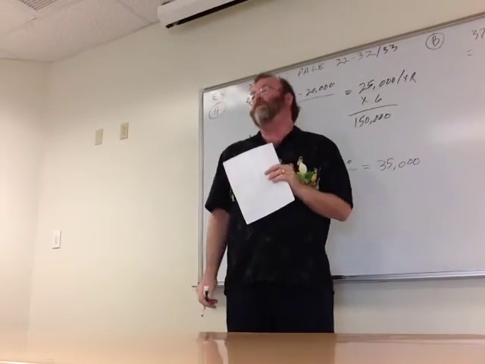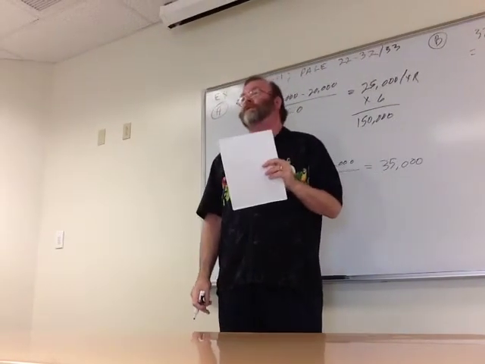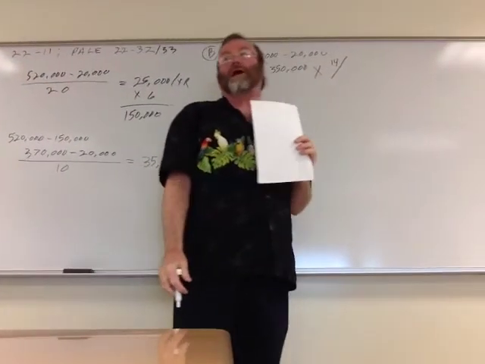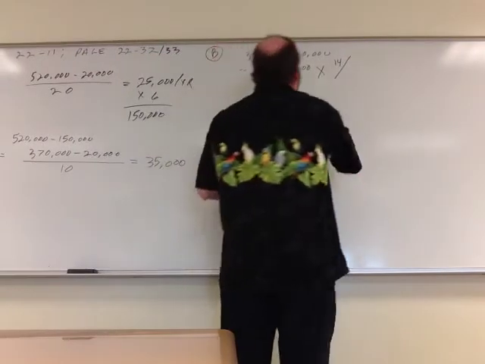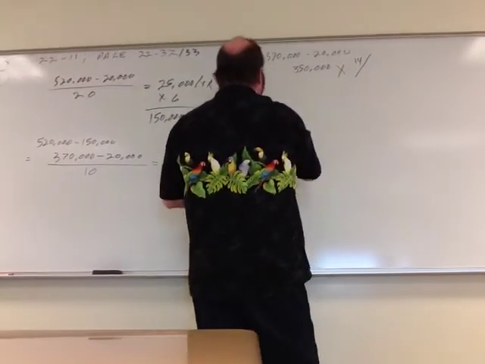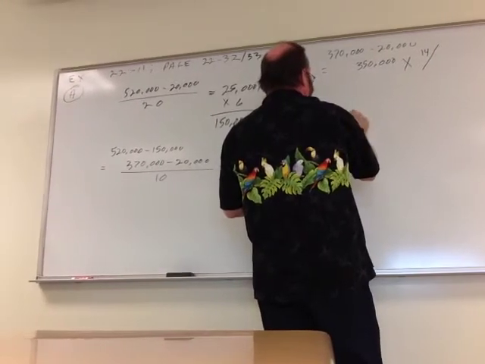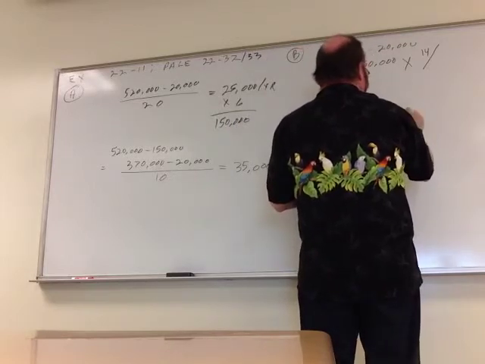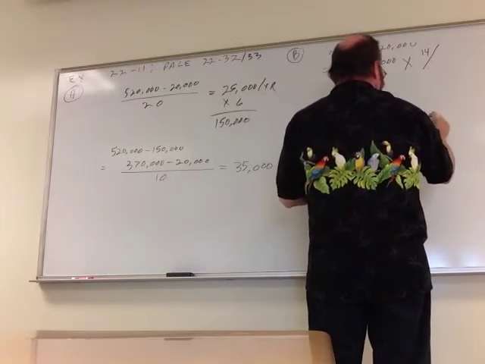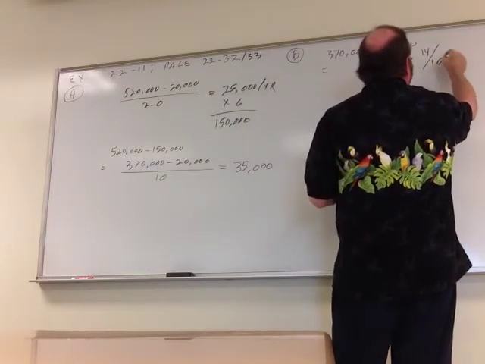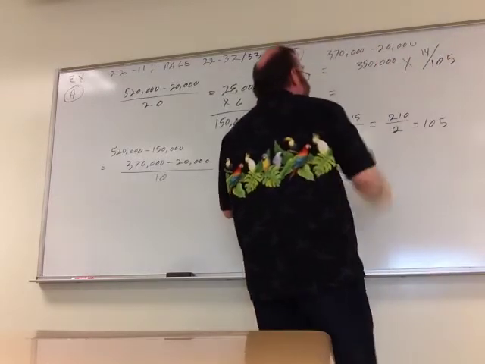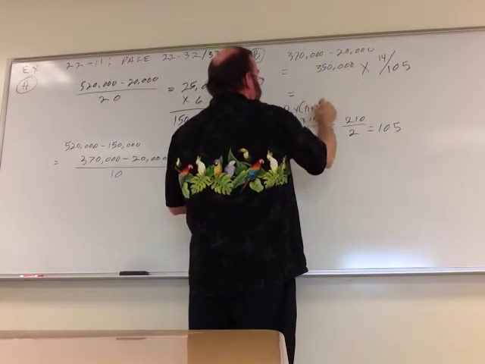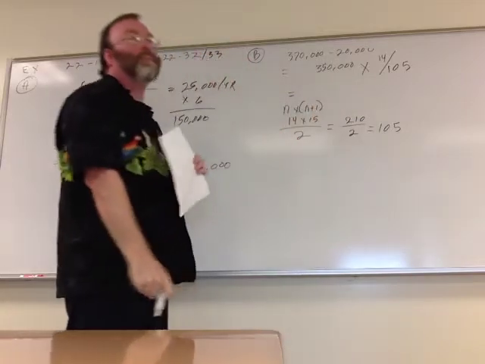Does anybody remember the formula for sum of the year's digits? N times n plus 1 divided by 2. So n is 14 times 15 divided by 2, which is 210 divided by 2, or 105. So what's the formula? N times n plus 1 divided by 2.